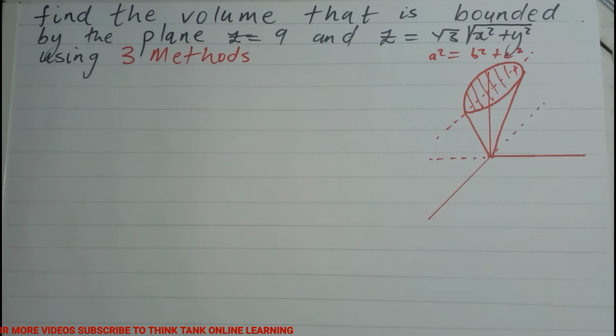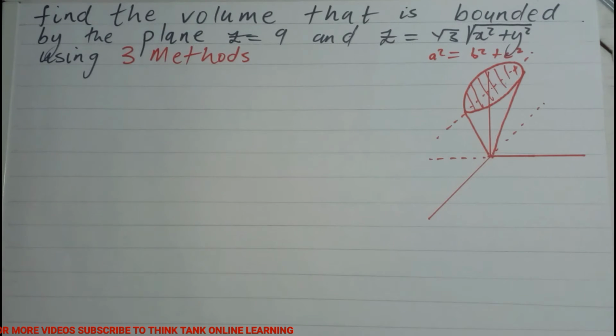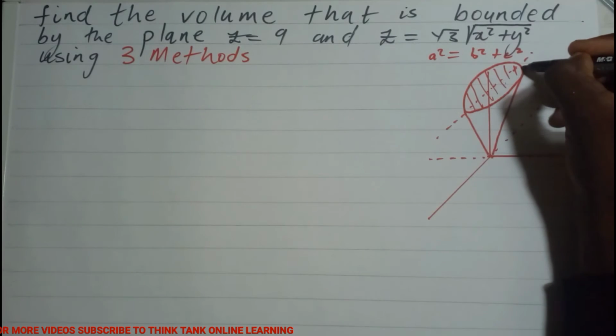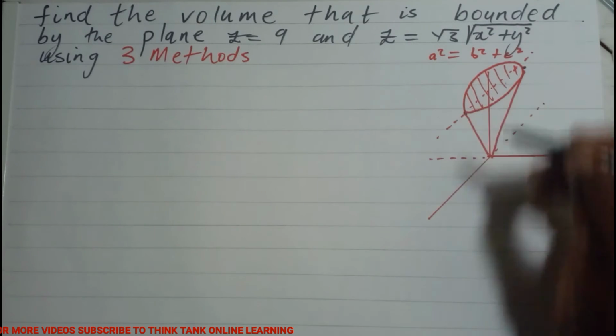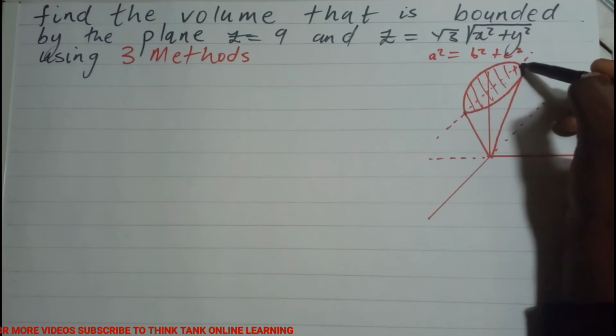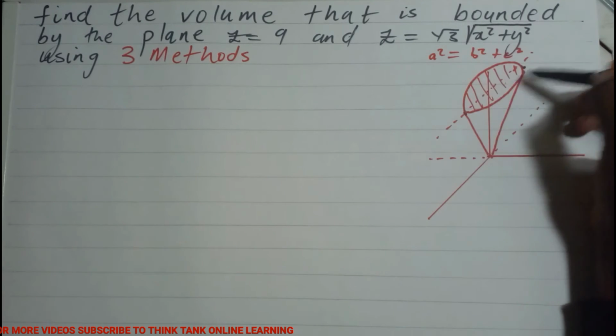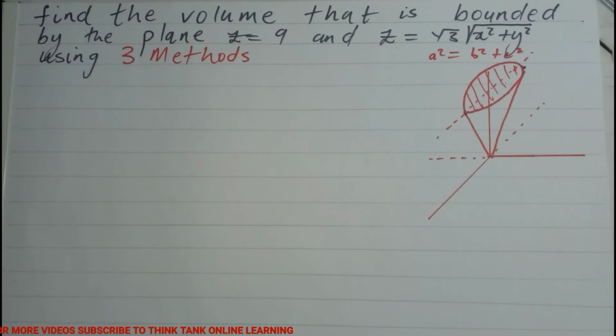But I want to find the limits: first the angle theta, and then r, the radius. If I solve the equations simultaneously, they intersect here and here, giving the coordinates of these two points. This is going to be the diameter, and I can get the equation of this circle.